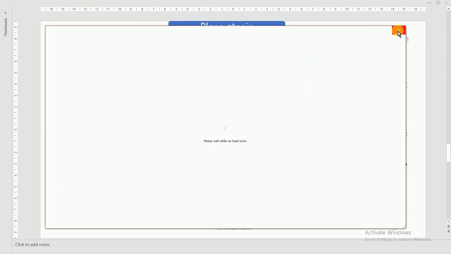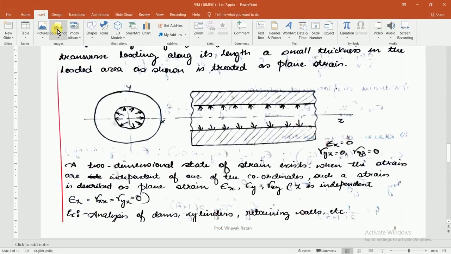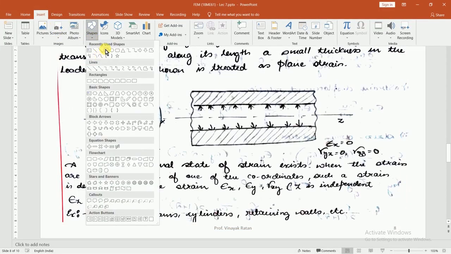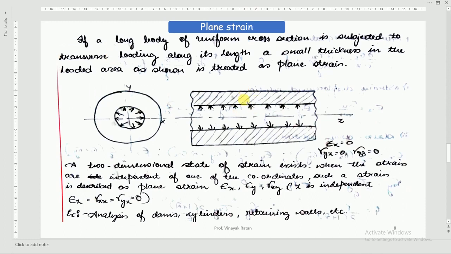Just wait a second. If you consider a small region here, this is your long slender body to which load is applied transversely. In this small region, strain in x and y will be there, not in the z direction.